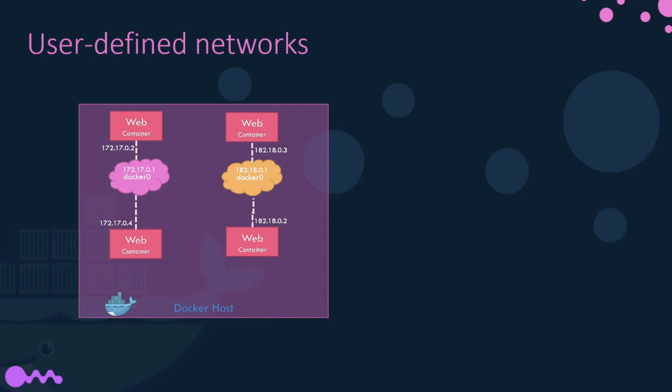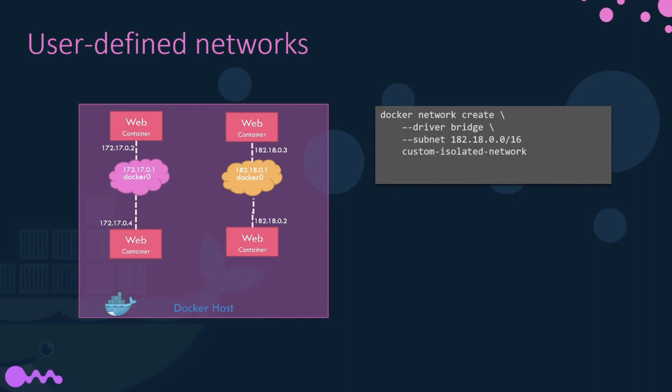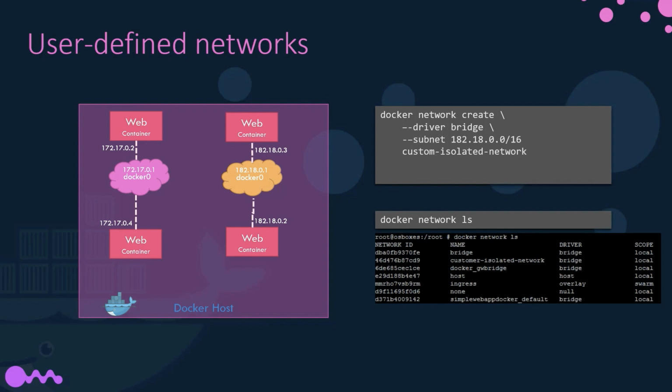By default, Docker only creates one internal bridge network. We could create our own internal network using the command docker network create and specify the driver, which is bridge in this case, and the subnet for that network, followed by the custom isolated network name. Run the docker network ls command to list all networks.